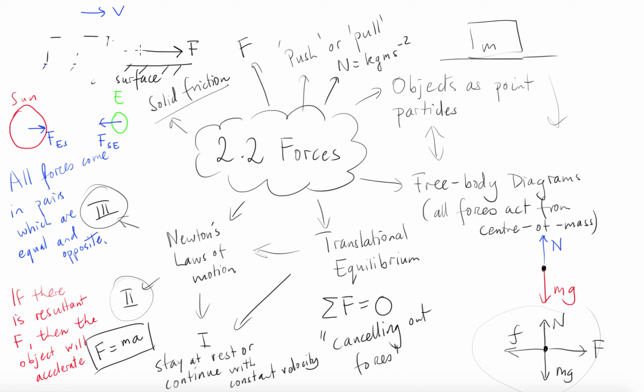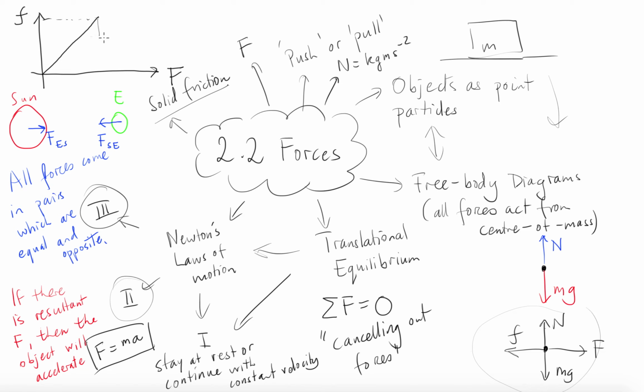You can represent this using a graph. If this is the frictional force and this is the pulling force, the frictional force increases until we get over a threshold value, the maximum static friction, and then it drops down and we have a constant dynamic friction.